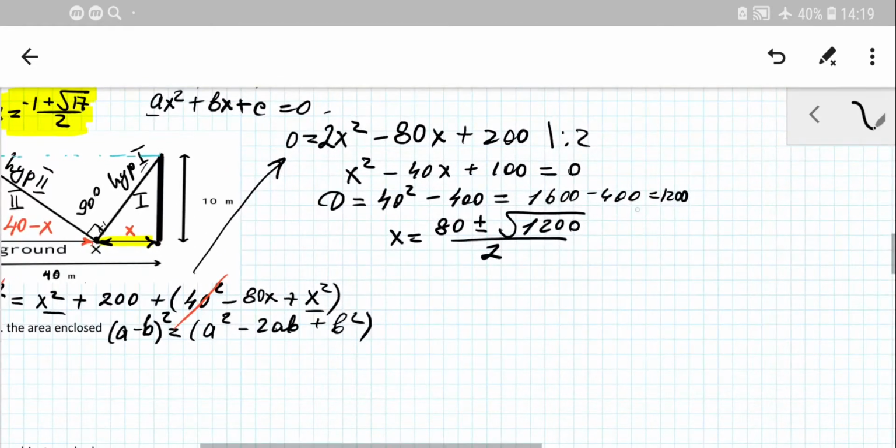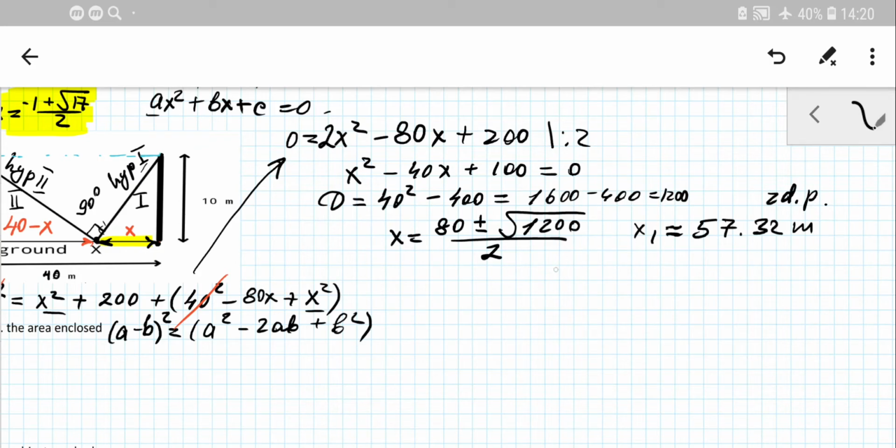Let's estimate first with the positive. Obviously the positive works every time. So the square root of 1200, and the whole thing I'll divide by 2. That gives me around 57.32 meters, rounded to 2 decimal places.